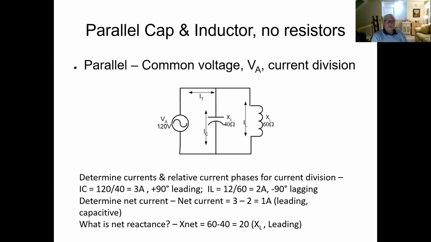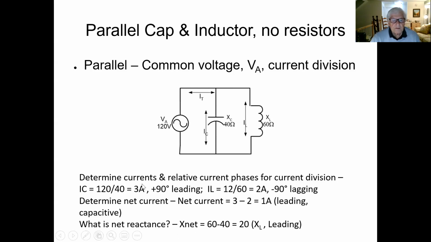Okay, so supposing they're in parallel with no resistors. Again, if it's parallel, we're in a current situation, right? So we do a current situation, determine currents and relative current phases.